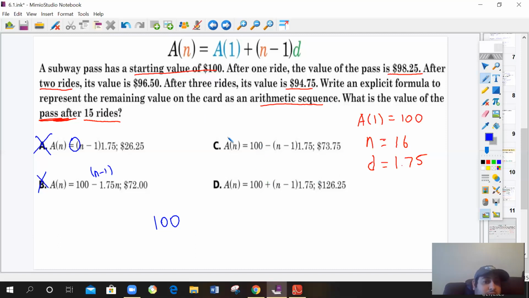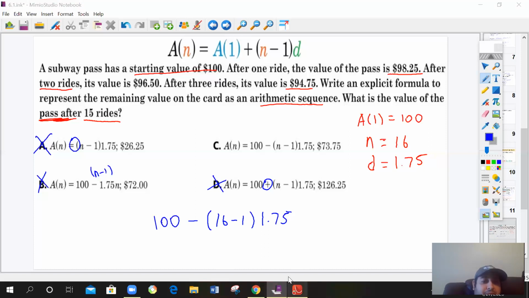Now, we notice that it's been decreasing the number for the next term and the next term. So it's not increasing, it's actually decreasing. So we are going to put a minus, and then we're going to have 16 minus 1. Your n is 16, and then the difference is going to be 1.75.